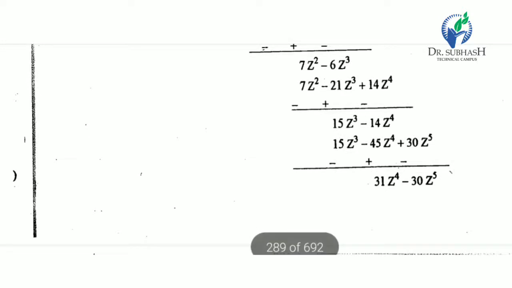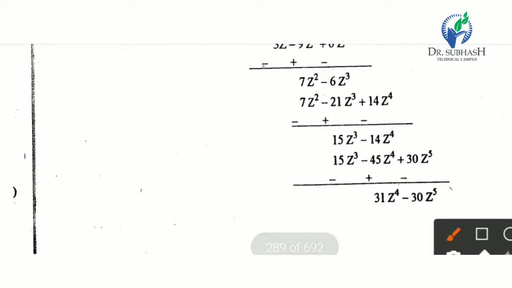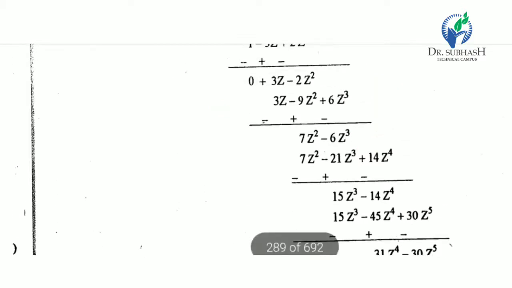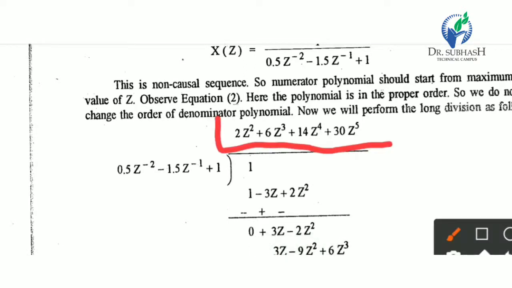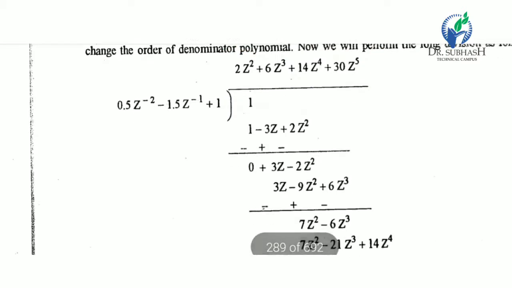So after getting this, we will further get 7z square minus 21z cube plus 14z raised to 4. Subtract from the 7z square minus 6z cube. So we have to do this many times, repeatedly. After 4 to 5 times, we will get 2z square, 6z cube, 14z raised to 4 plus 30z raised to 5 after this process.